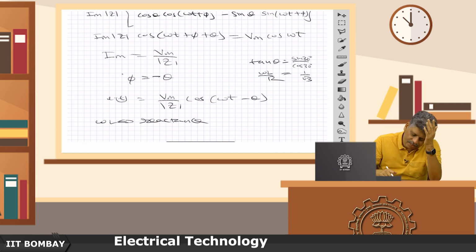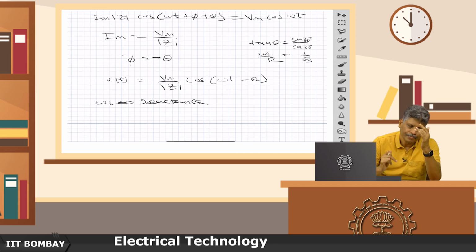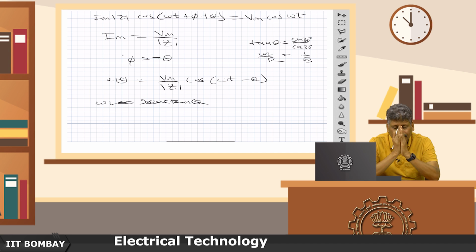But the whole idea follows from Ohm's law, that the voltage divided by resistance is current. So here also the net effect of R and L impedes the flow.